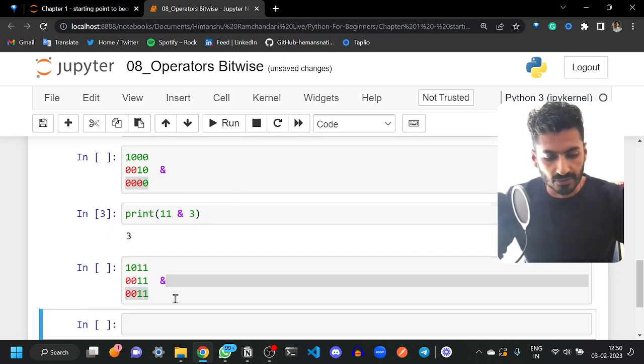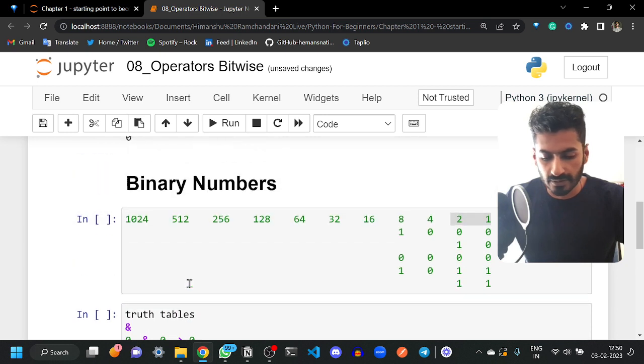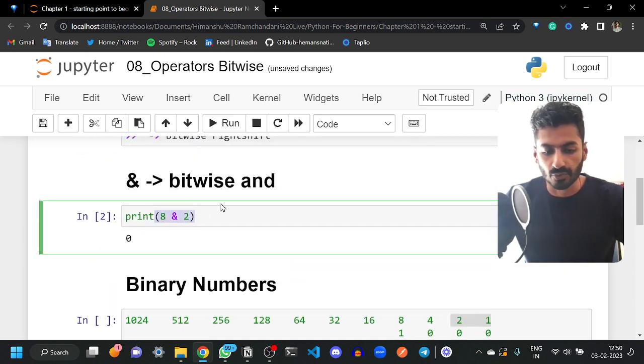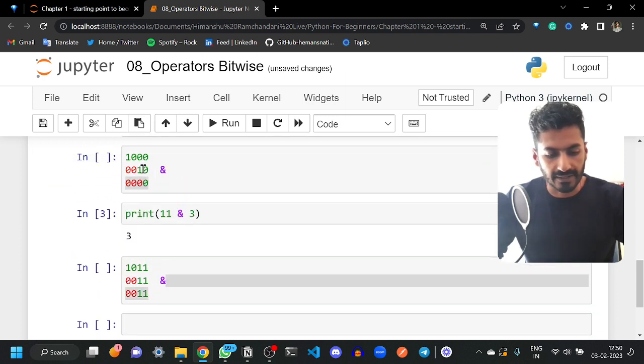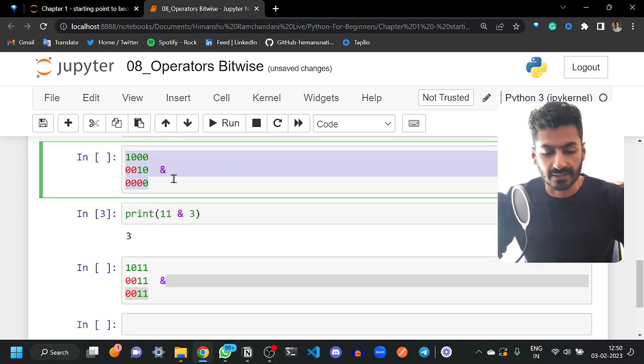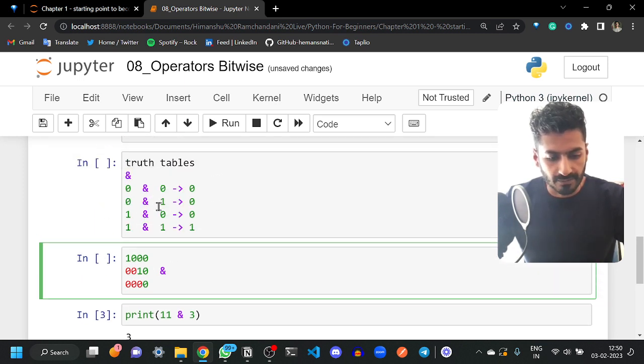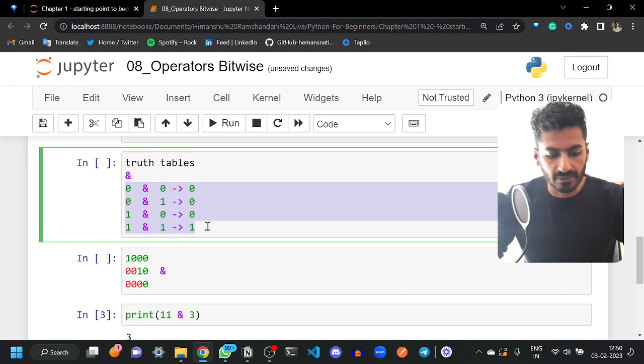Okay, so this is how this works. What you have to do is calculate the binary of both the numbers, put it like this, just like you calculate the sum of particular numbers, and check the AND logic behind them, and use this truth table to solve it.